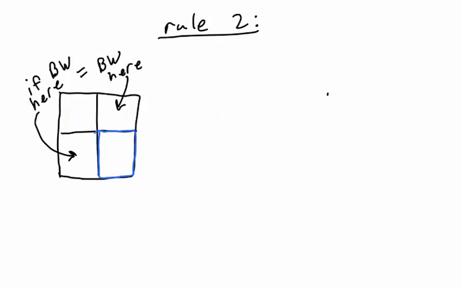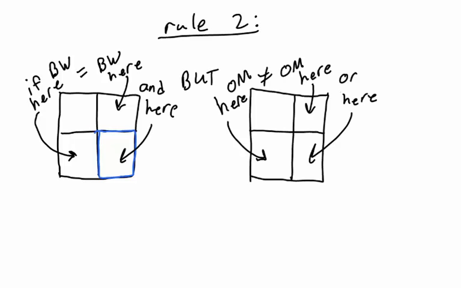Rule number 2 is somewhat more complicated, but it will end up making our object matrix much more accurate. Rule 2 works like this.